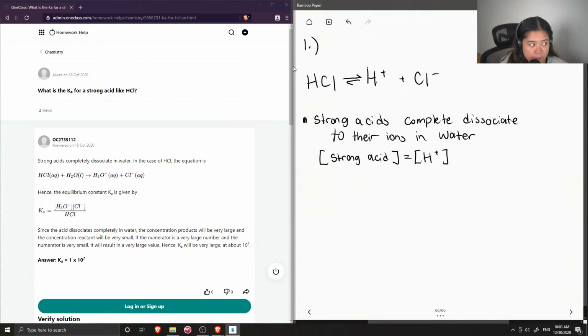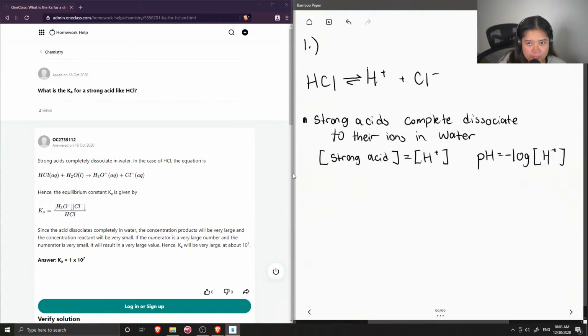So then in order to solve for the Ka, I just realized that the question asked for Ka and not pH. But I'll first show that the pH can be found with strong acids just by doing the negative log of your H plus.